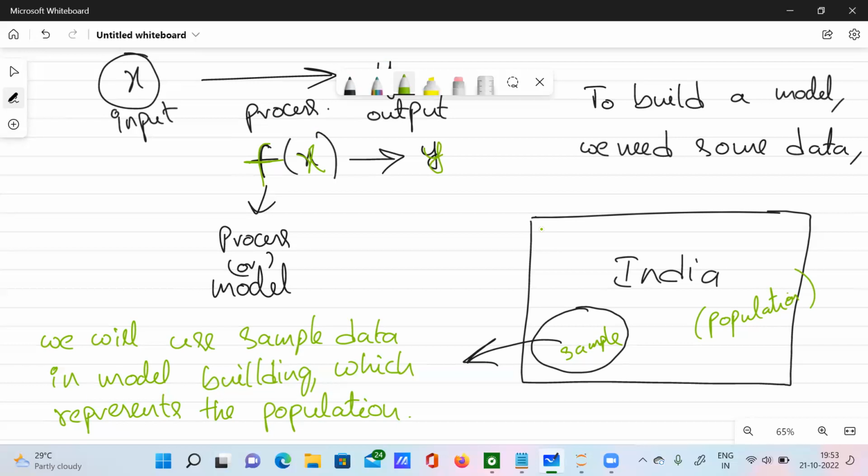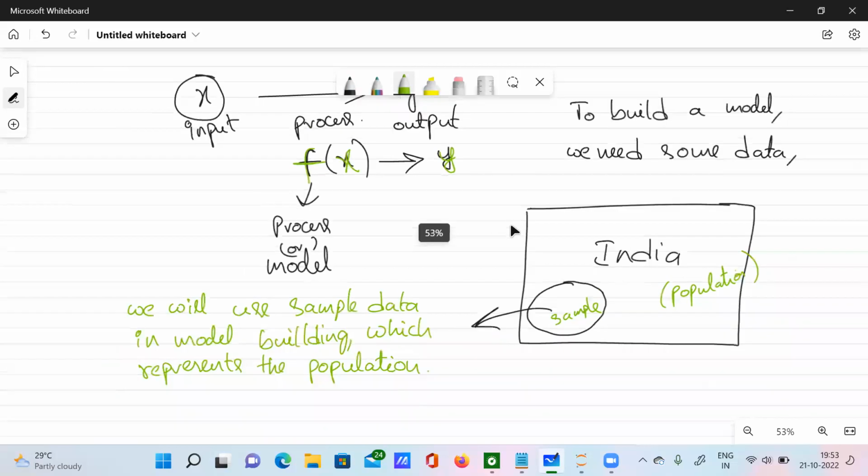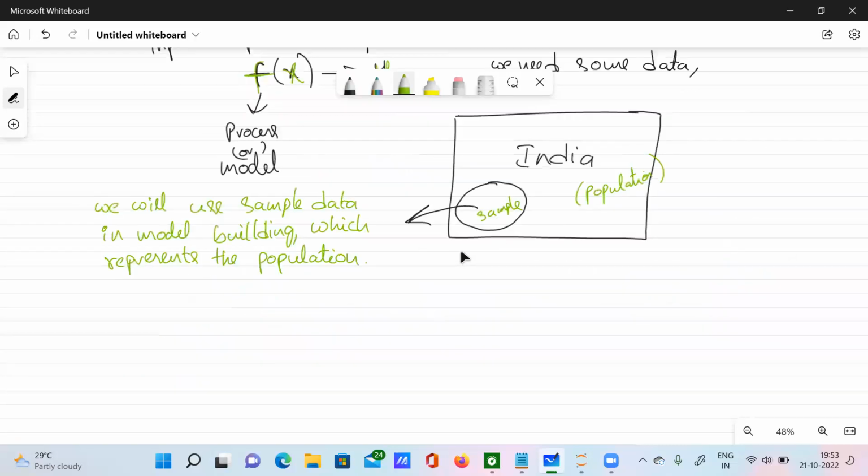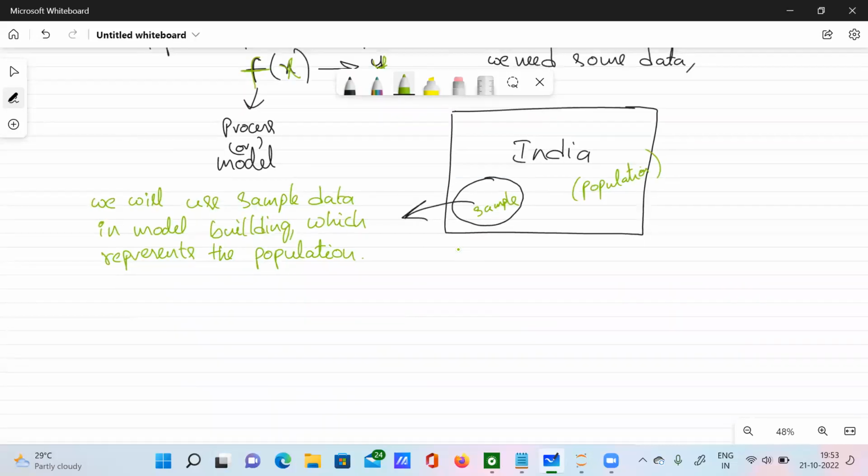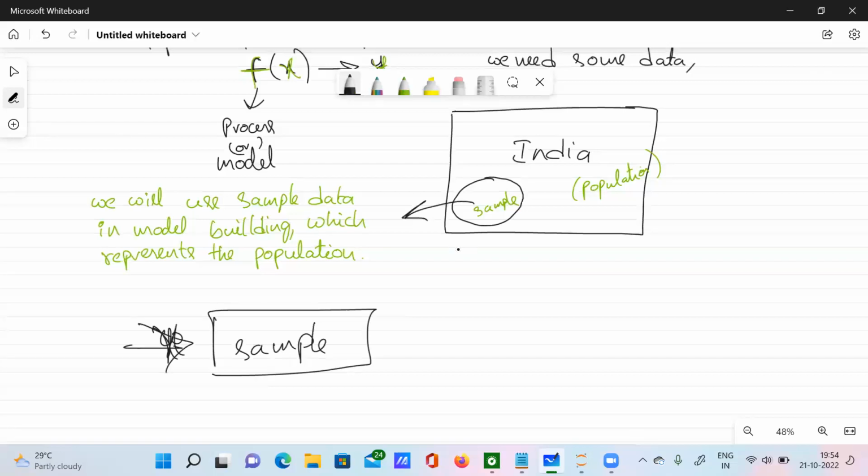What does that mean? What's that particular statement? When we say this sample will represent India, what does that mean? It means, for example, we have performed some kind of tests on the sample itself. I'm performing some kind of tests here, and I have got some kind of results.